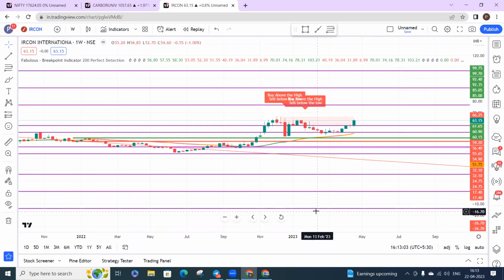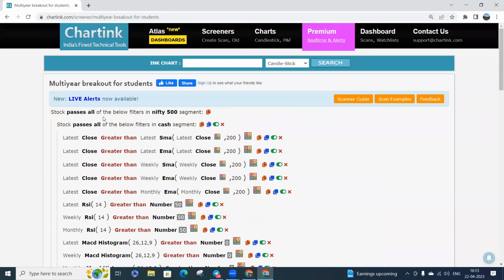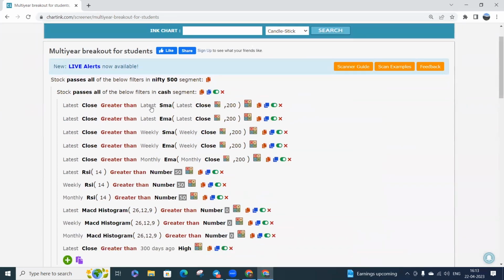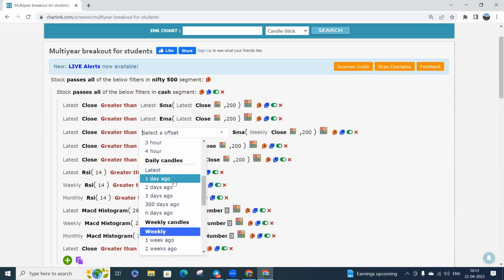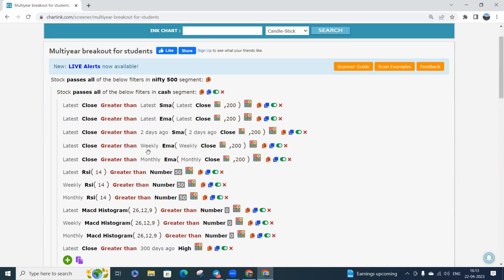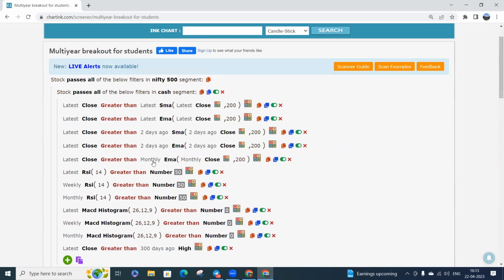If we want any stock which gives us return in 1 week or 10 days, how can we scan those stocks? This is a multi-year breakout. All you need to do is change these settings. Latest is daily, this is weekly. I can change it to 2 days ago and a week ago.